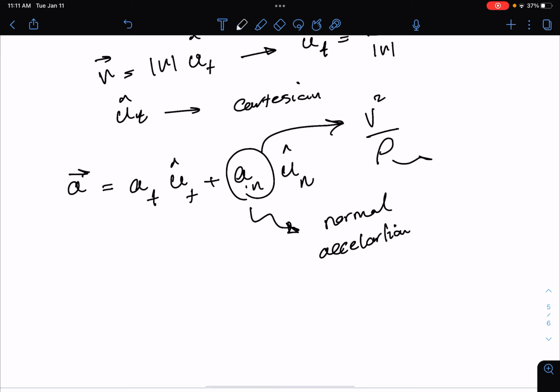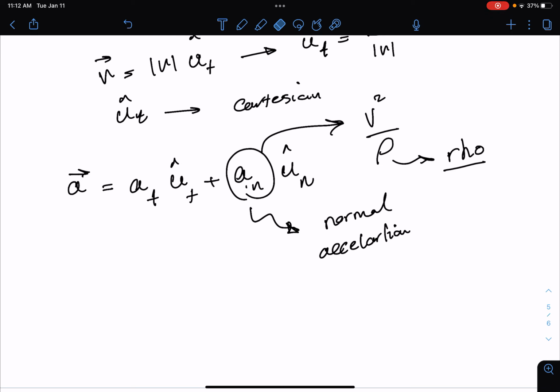This is the Greek letter rho, which is also used for density, so make sure not to confuse the two. In the fluid mechanics part, we are going to use this symbol for density as well. Any questions so far?